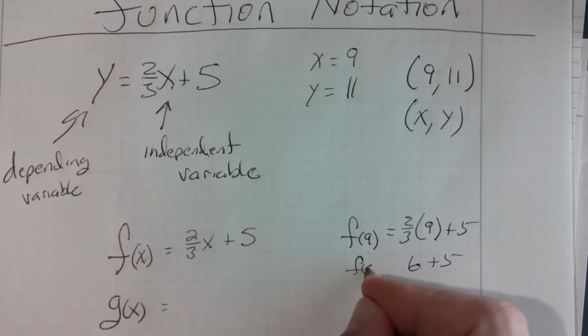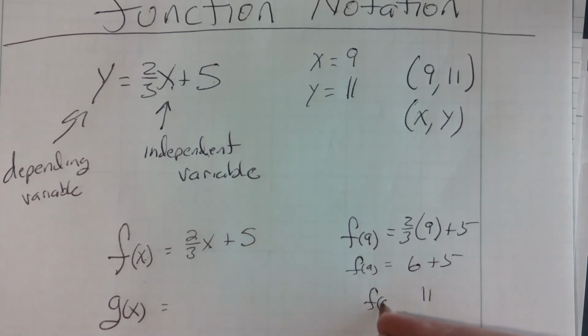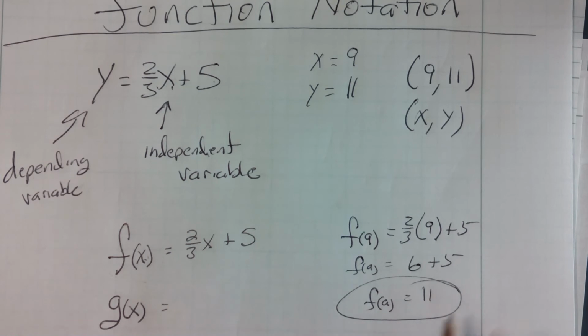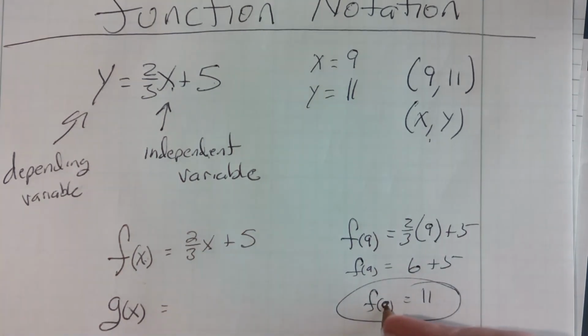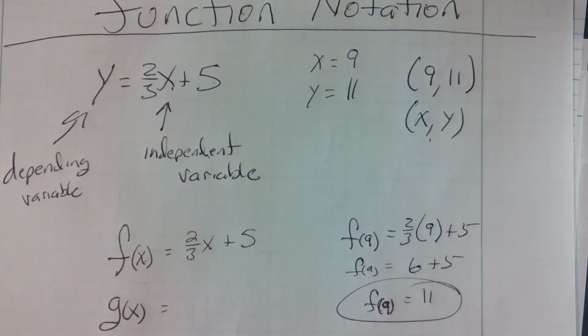So f of 9 is 11. This is my ordered pair, just like the ordered pair up here. But we leave it just like this. We don't isolate the f. The f is not a variable. I'm finding the function's outcome at an input of 9.